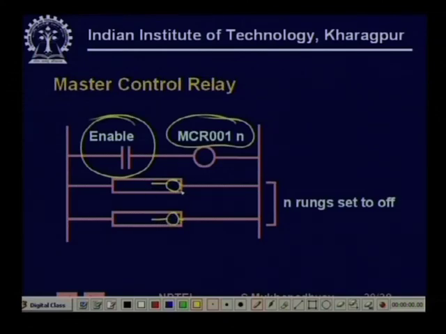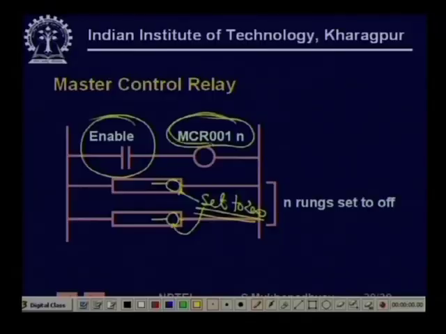So, these output coil values will all be set to 0, without evaluating, irrespective of the logic in this branch. If this is not excited, then they will be evaluated like normal rungs according to normal PLC logic evaluation.